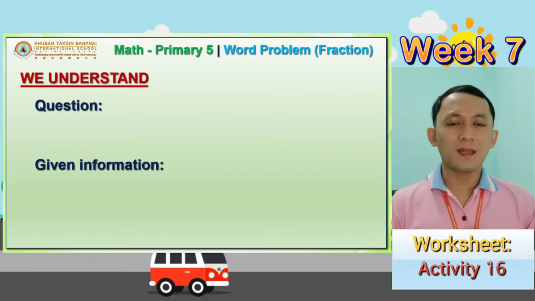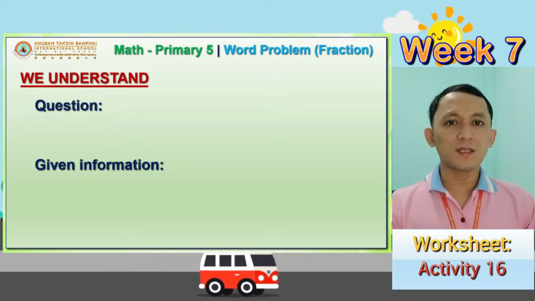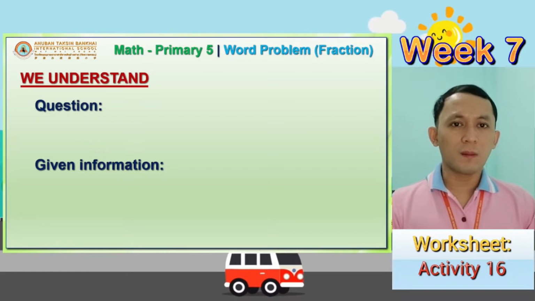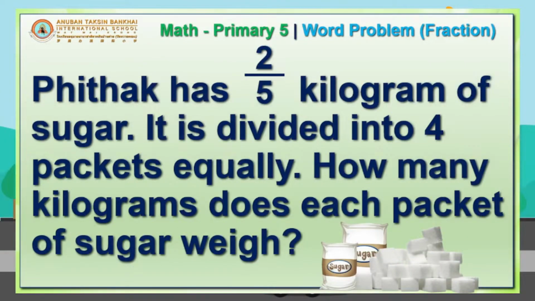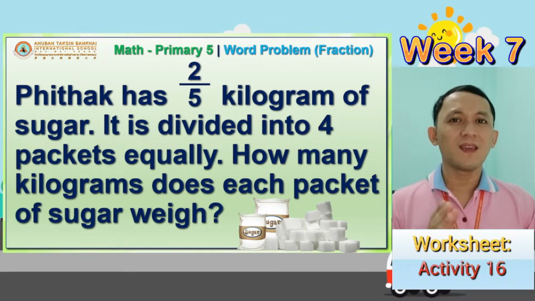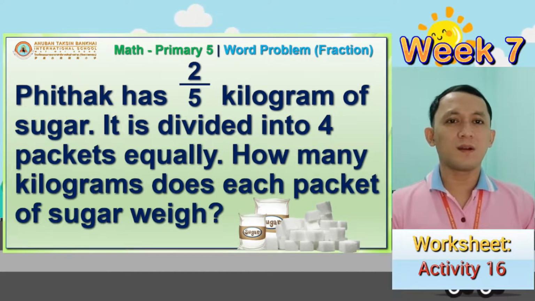So let's go now to the first stage, which is we understand. Let's identify the question and the given information for us to answer the word problem. Now again, the technique for us to identify the question is to look for the question mark, and you can see the question mark on the last sentence of the problem.